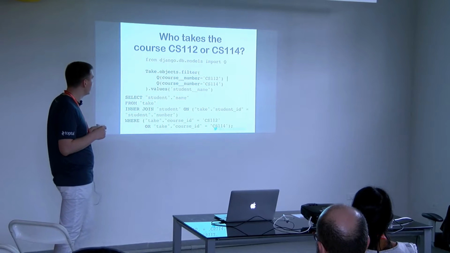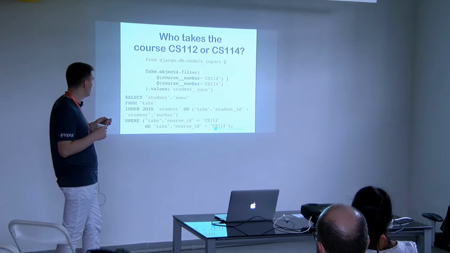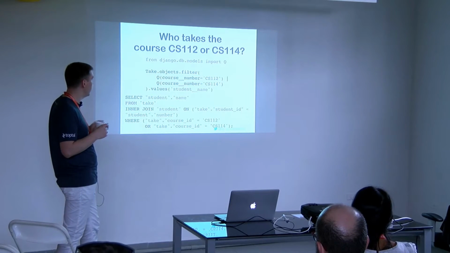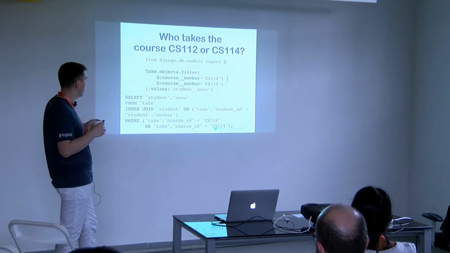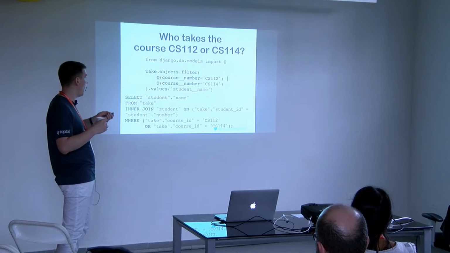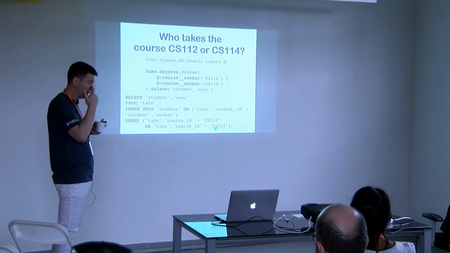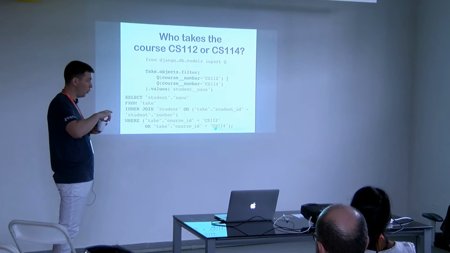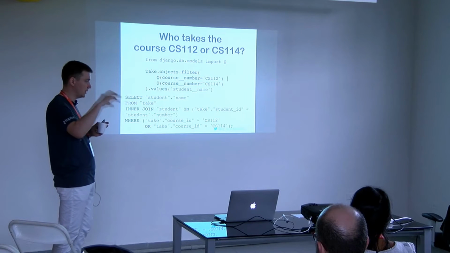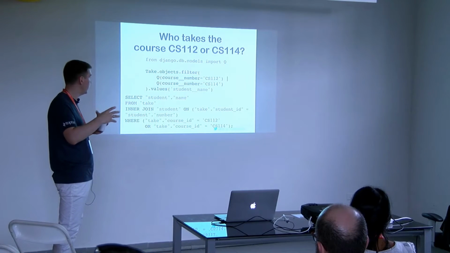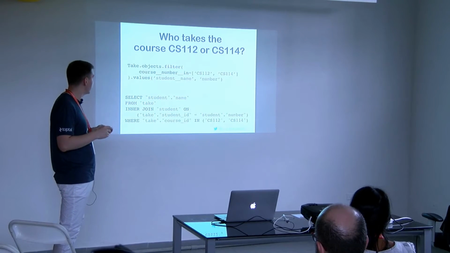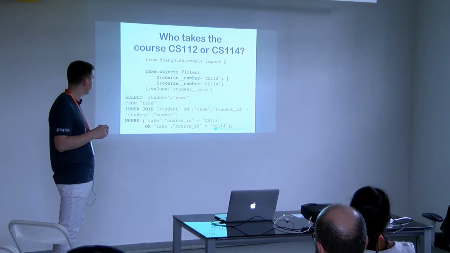Another trick, you can import Q clause and you can explicitly perform course number or course number. It's the general approach in SQL when you have two predicates with or statements, or for example you can do in, it's absolutely equal, and it's very cool that you can do it.